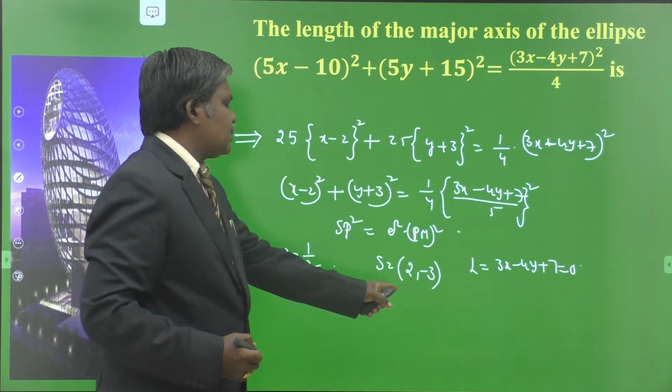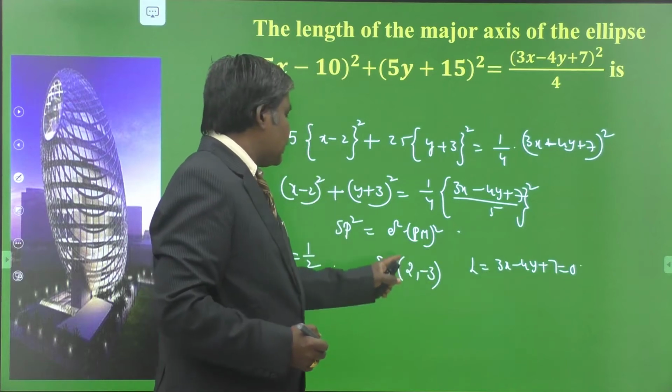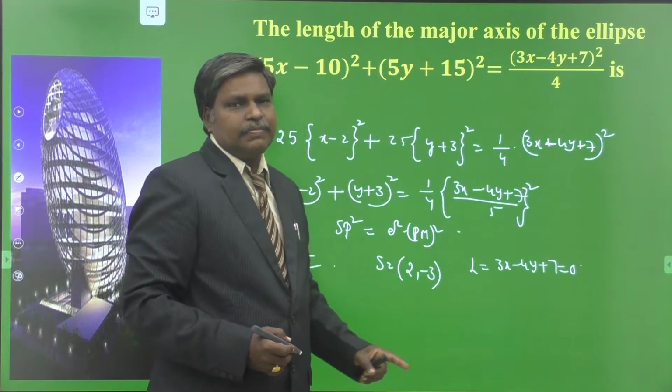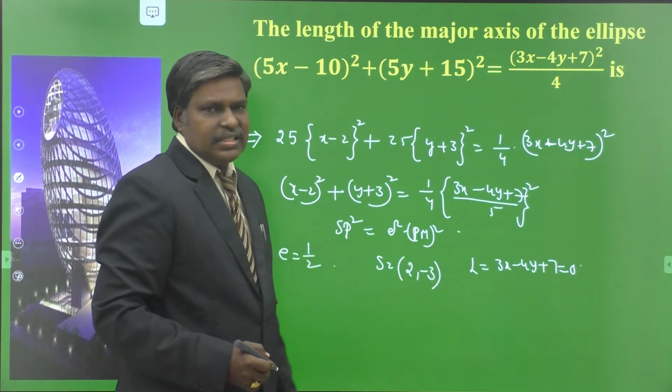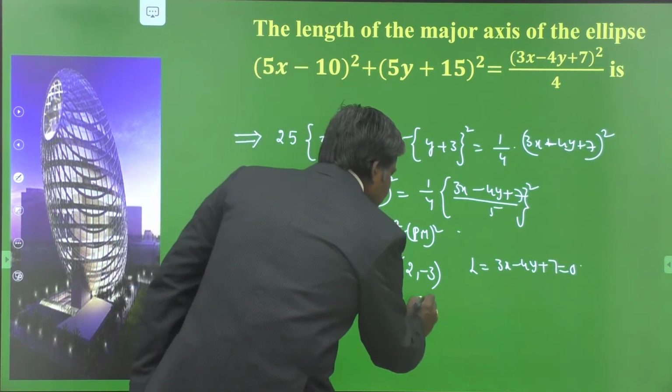We have the focus and directrix. What is the distance from focus to directrix? It is a by e minus ae. The distance from focus to the directrix is clearly, you know, a by e minus ae.